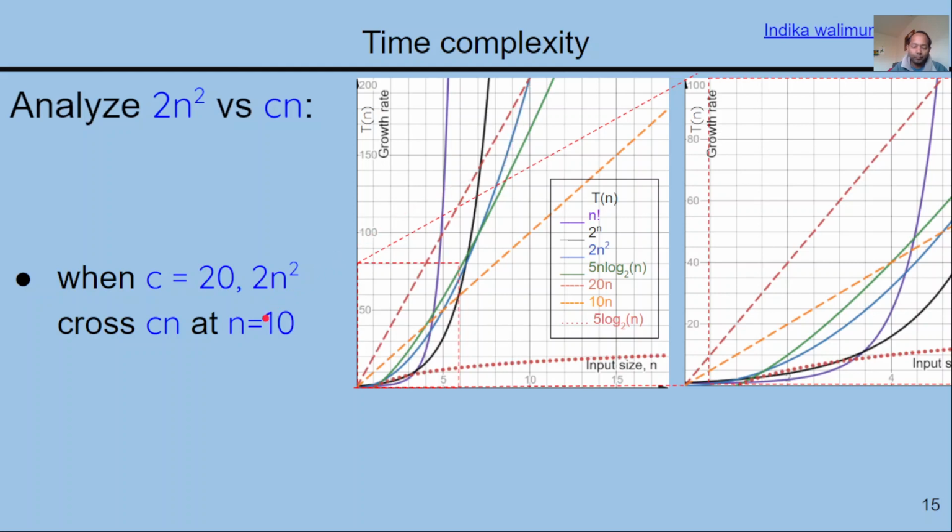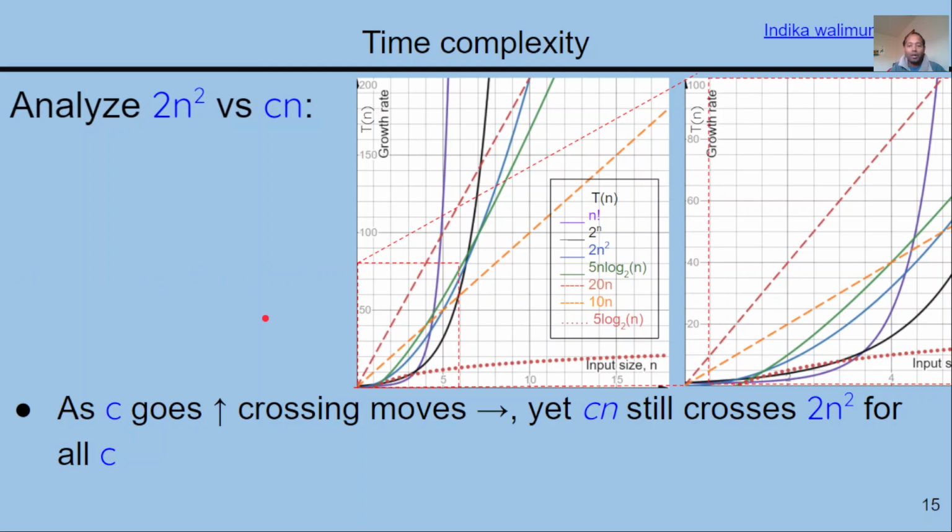So as we can see, as c goes up, the crossing of cn with 2n to the power 2 moves to the right. But we can guarantee that it still crosses the function 2n to the power 2 for all c. It's a matter of at which point of n it crosses. Every time, it's a matter of where on the line of n it happens.